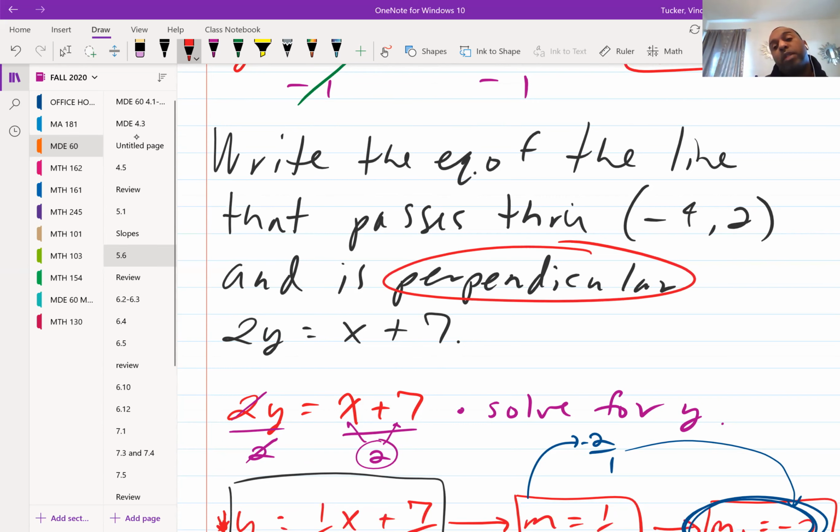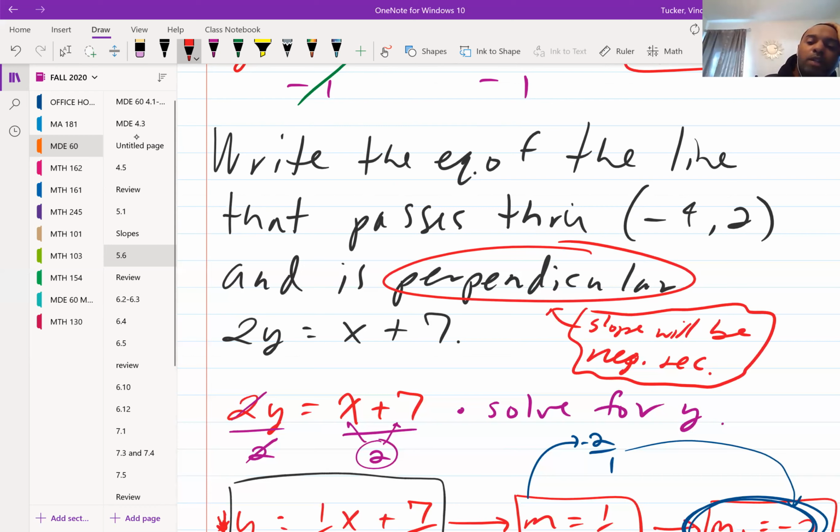Remember, the line that we wanted in the last example was parallel, so we just used the same slope. The line that we want here is perpendicular. So our slope is going to be the negative reciprocal. Remember, we talked about that last class. That means you're going to flip the fraction and use the opposite sign.